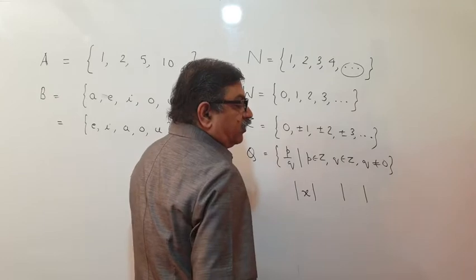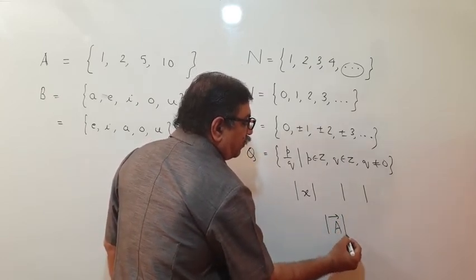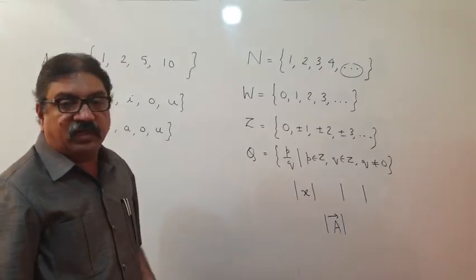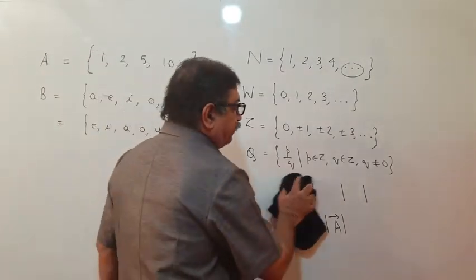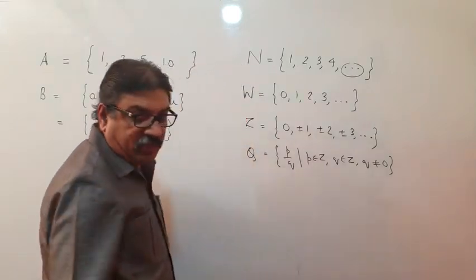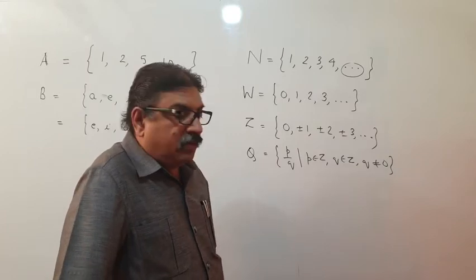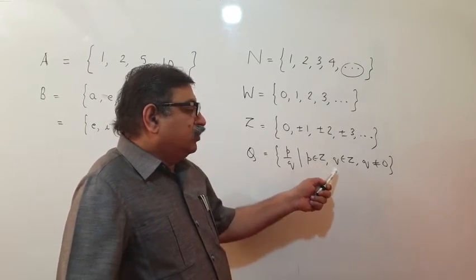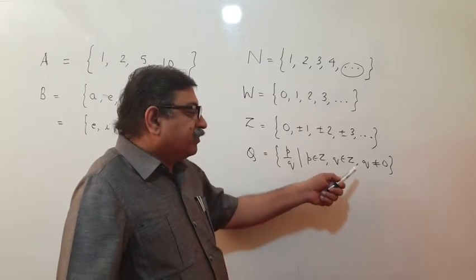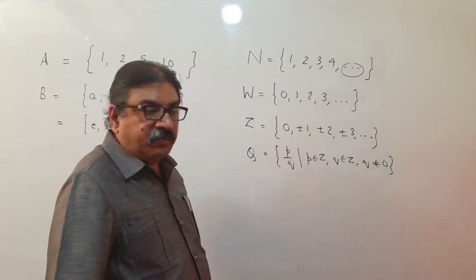It is used for vectors also. If I want to show the magnitude of a vector, I use 2 vertical bars like this. So this vertical bar or vertical slash has got many uses, and when we use it in sets, it is such that. So p by q such that p is a member of Z, q is also an element of set Z, such that q is not 0, that constitutes your set of rational numbers.